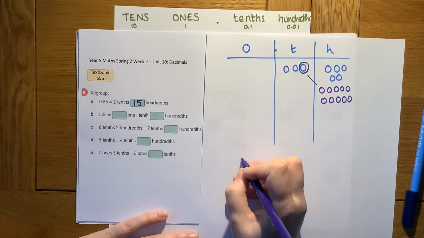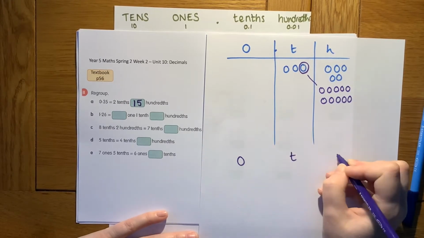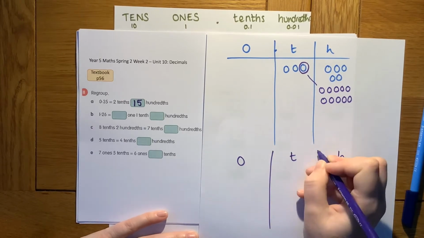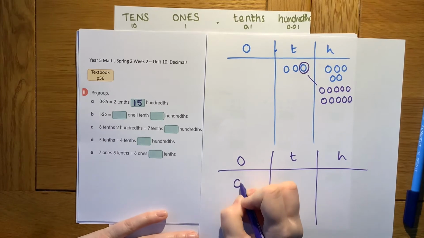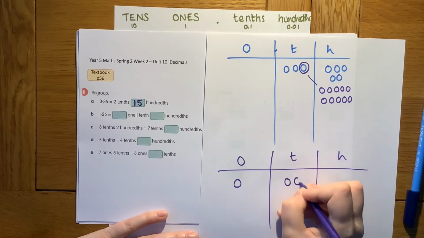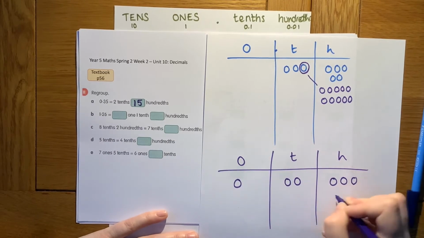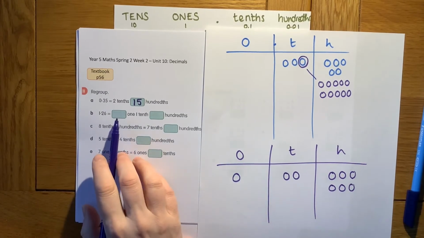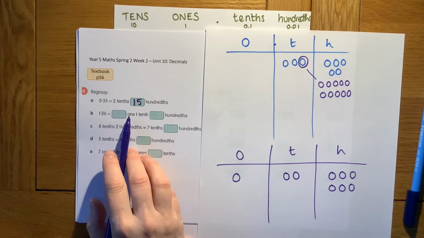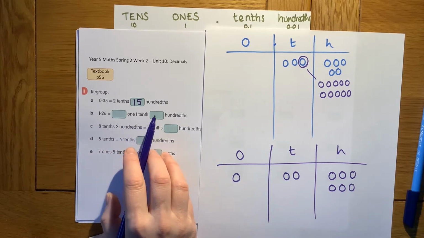Okay, so let's have a look at B then. I've got my ones and my tenths and my hundredths here. Okay, 1.26 is 1 whole one, 2 tenths, and 6 hundredths. Okay, which looks like that. Right, they want me to regroup it into so many ones, 1/10, and so many hundredths.